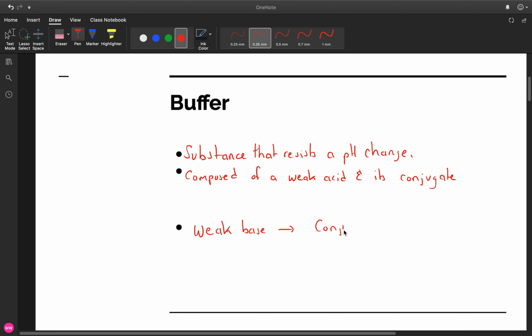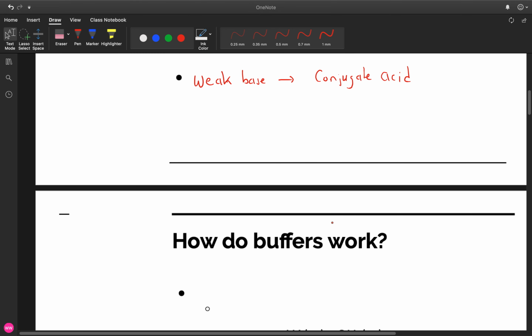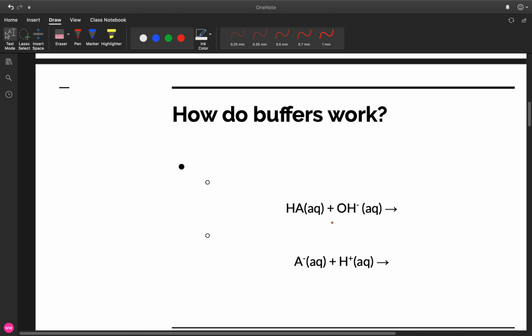The reason this is important is because these substances will not react with each other. They exist, remember, in equilibrium. So a weak acid and its conjugate base, or a weak base and its conjugate acid, can both exist in the same solution together.